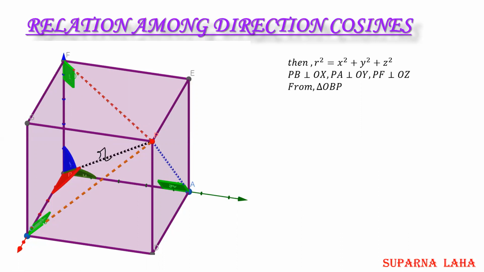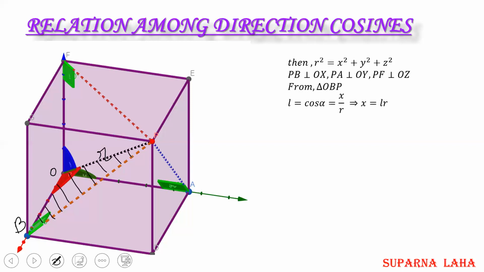From this triangle OBP, take this O, this is P, and this is B. Since this angle is alpha and this is a right angle triangle, this angle is 90 degrees.